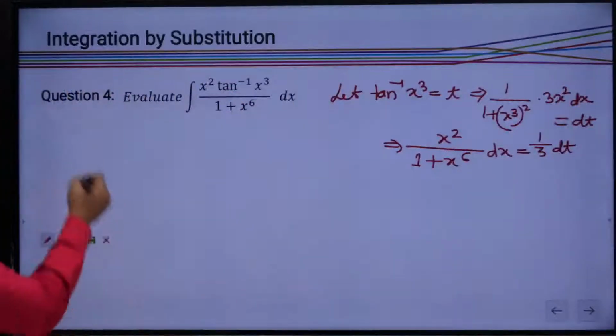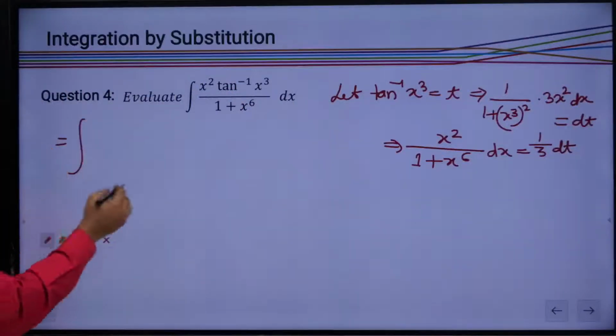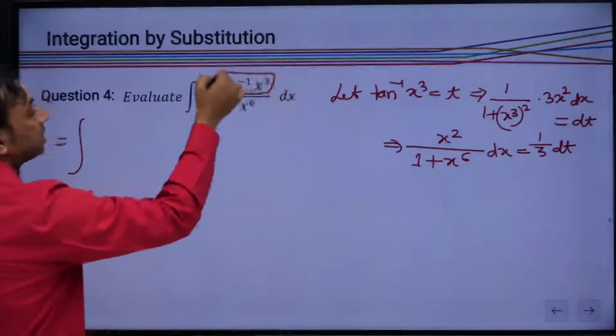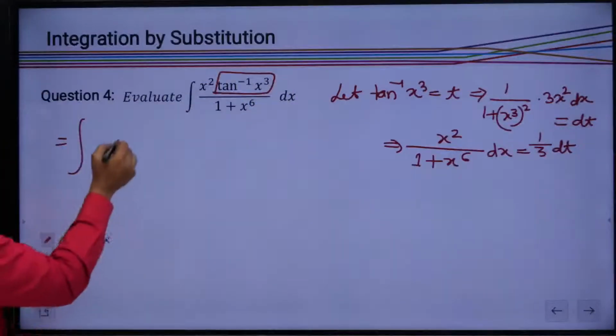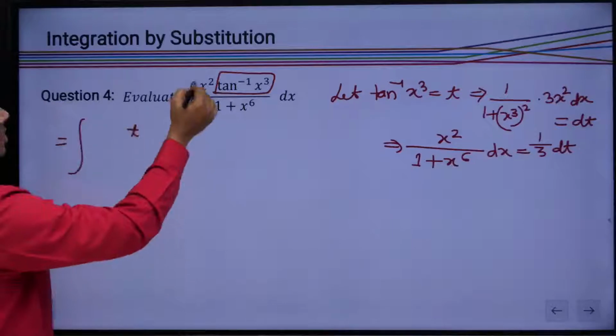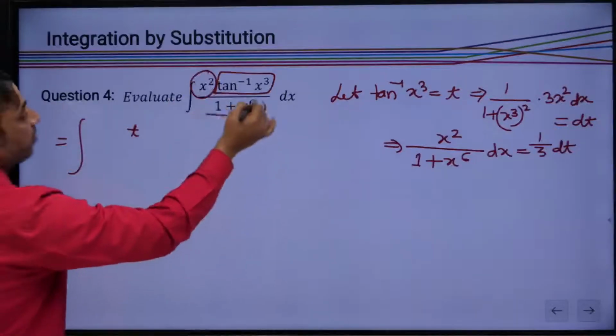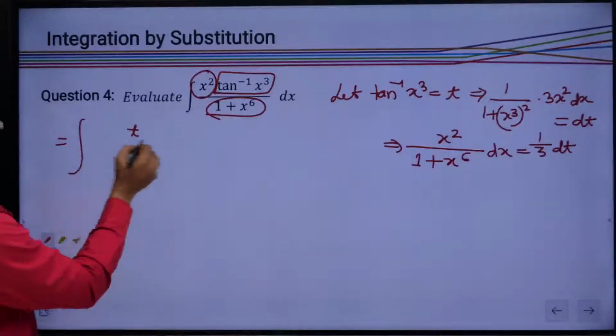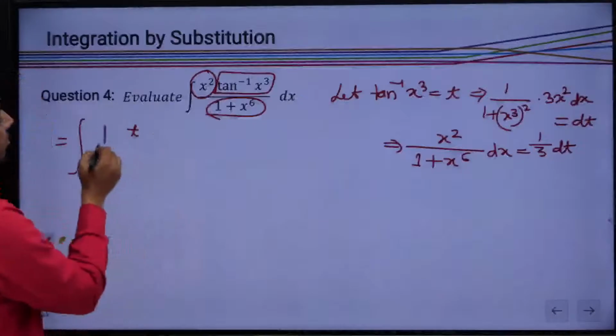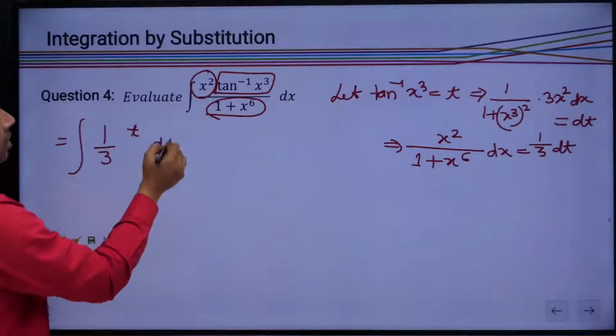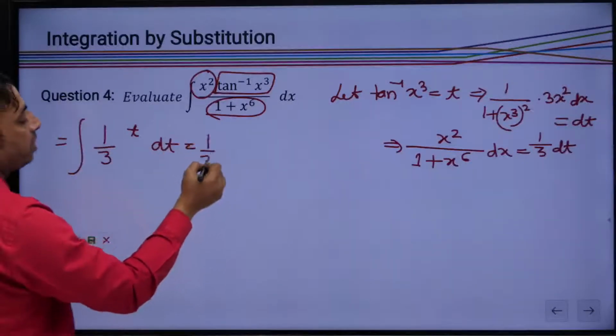So that substitution we will use here, integration of this tan inverse x cube, this is t. The remaining x square and 1 plus x to the power 6, this with dx will convert into 1 upon 3 dt. 1 upon 3 can be taken out.